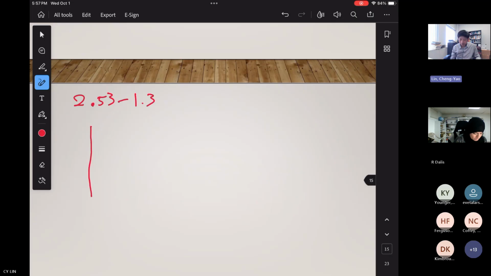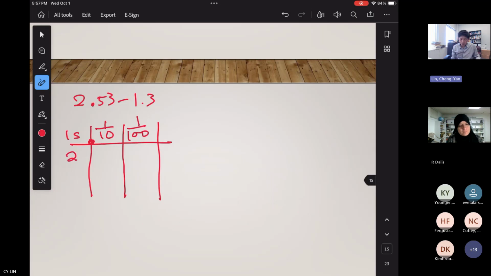So for everybody and the general learner like this, you have the ones, decimal point, tenths, hundredths, right? And also this method is good for general learners and also good for special ed, right? The special ed students need the method more clear.